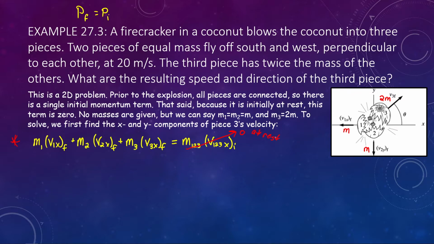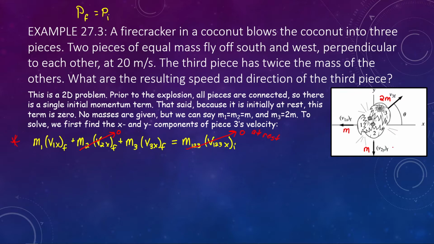Now, be careful. Something else is 0 in this equation as well, but for a different reason. One of those 3 velocities is 0. The one that is 0 is that of mass 2. Velocity 2 is 0. Why?